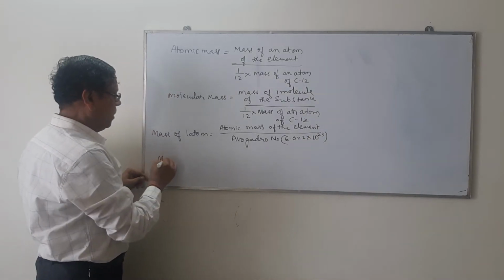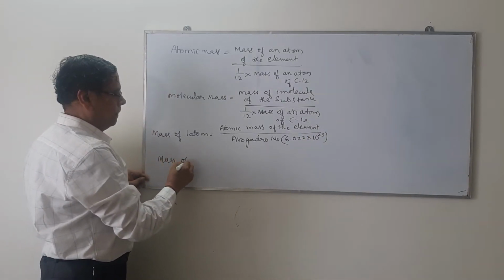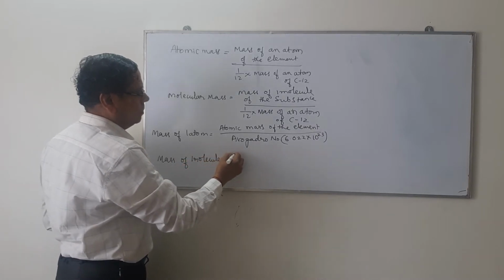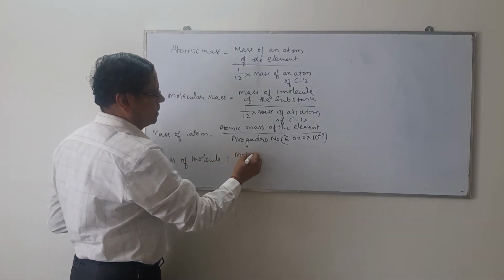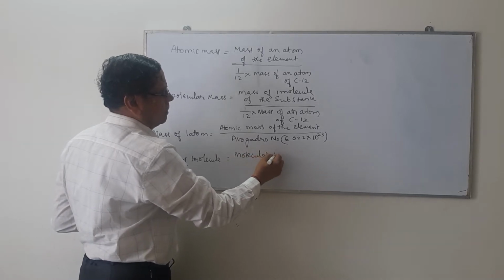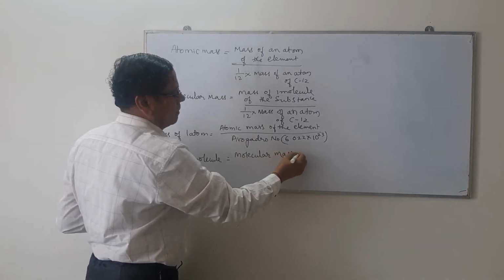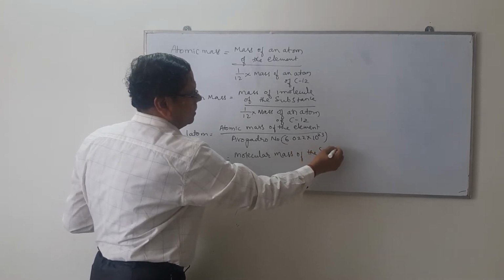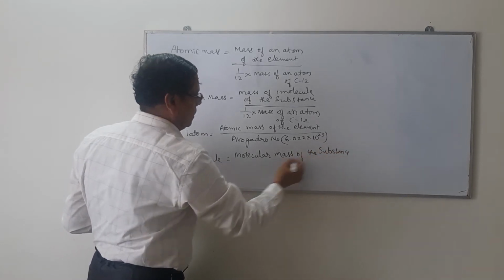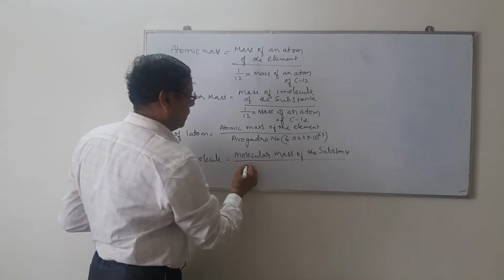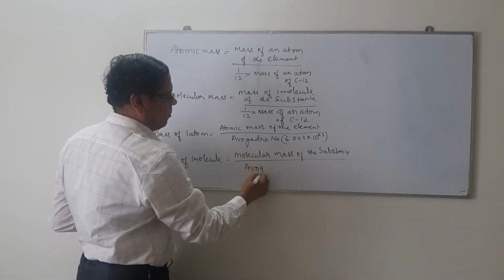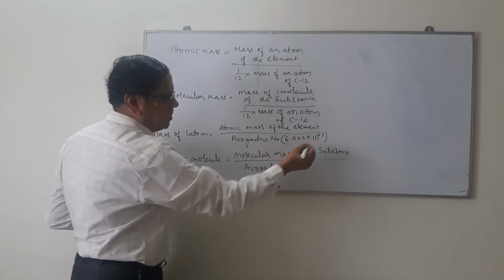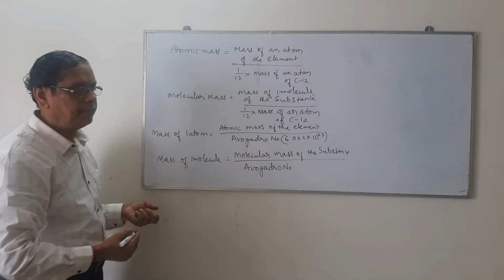Similarly, mass of one molecule is equal to the molecular mass of the substance divided by Avogadro number, which is 6.022 times 10 to the power 23.